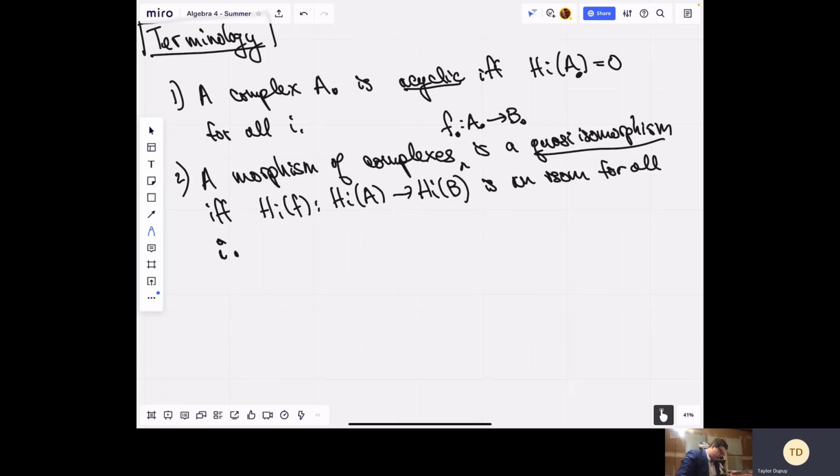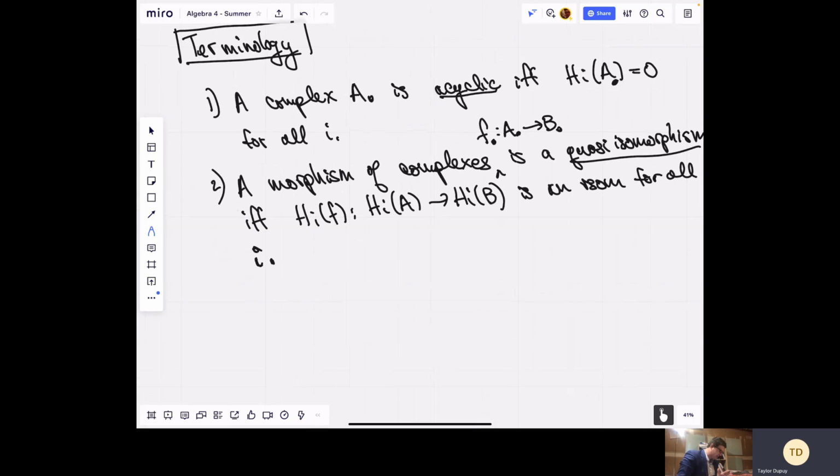Okay. So these are two notions that I'm just going to use.